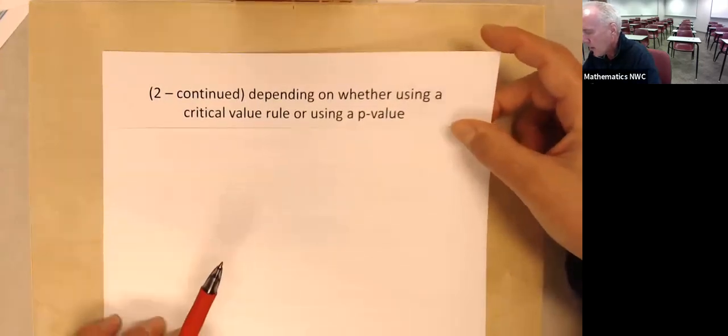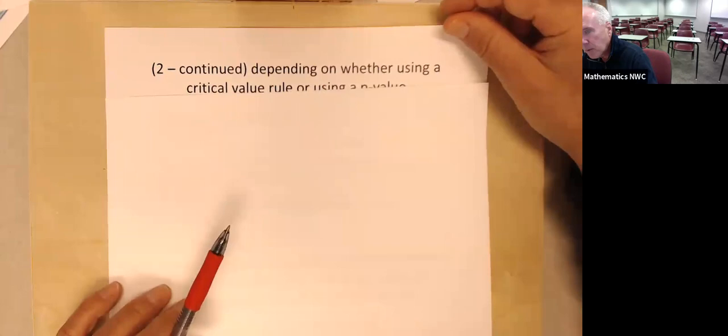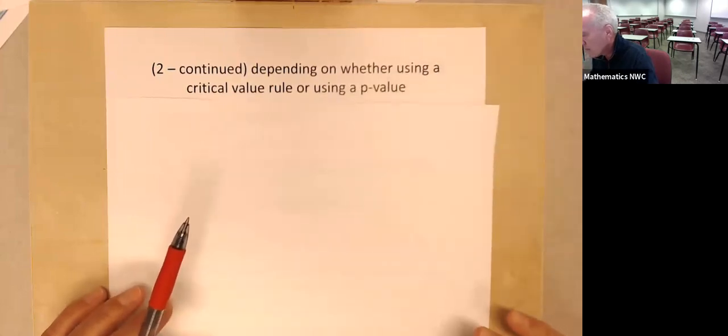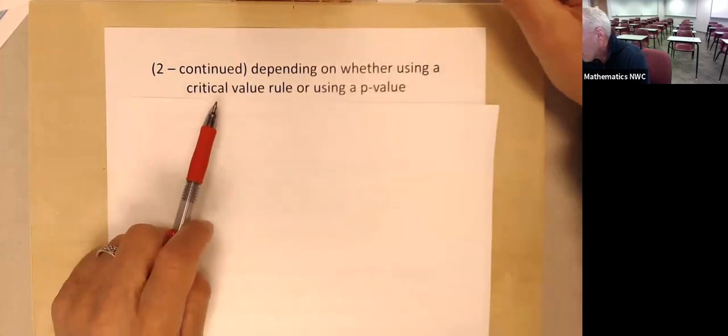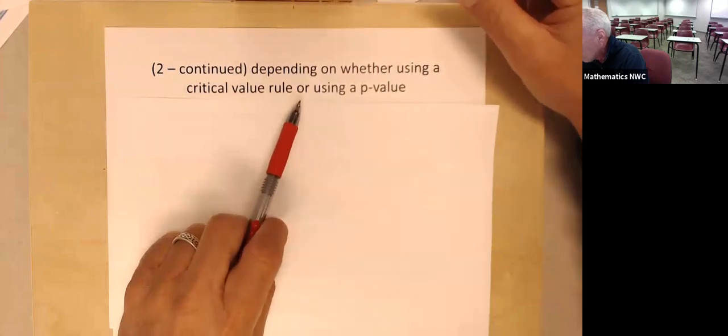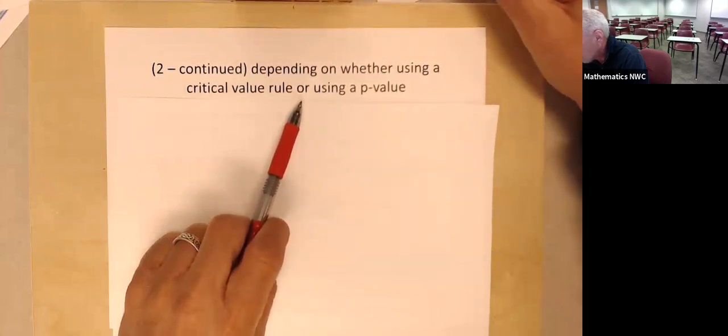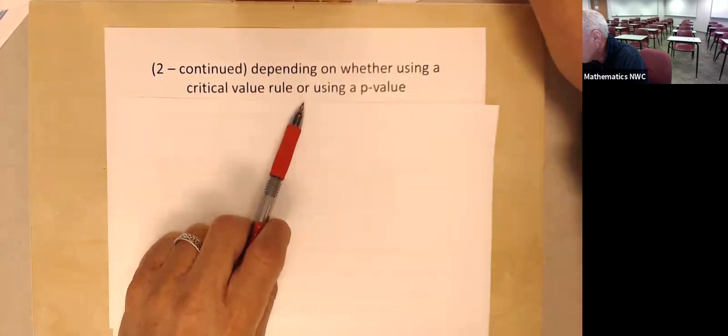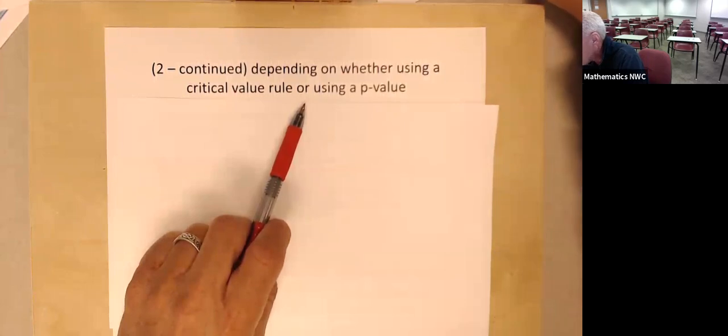I'm continuing here with step 2. At this point, we're looking at 2 possibilities. If you look further down on that page of notes, you'll see right before 3 and 4, it says if using a critical value, and a little bit further down it says if using a p-value. That indicates there's 2 types of these hypothesis tests.